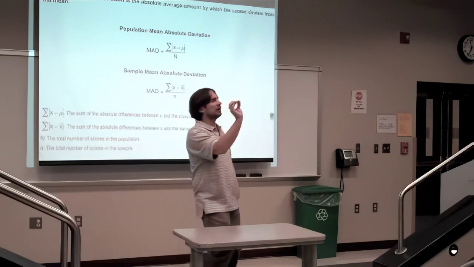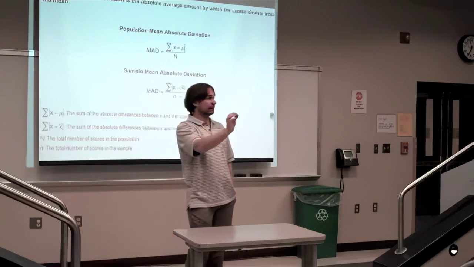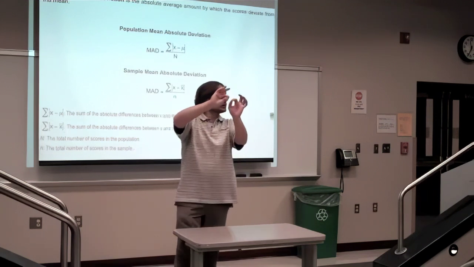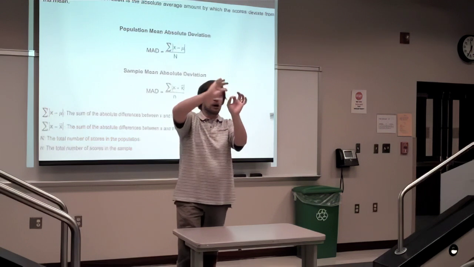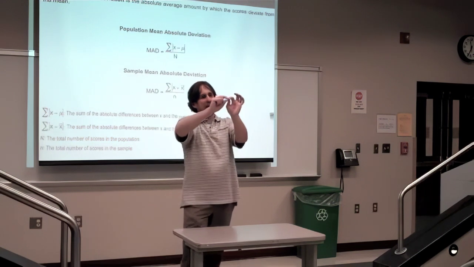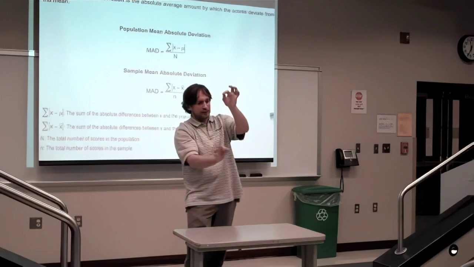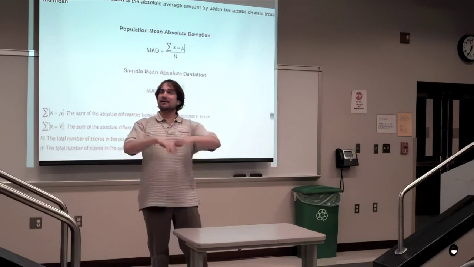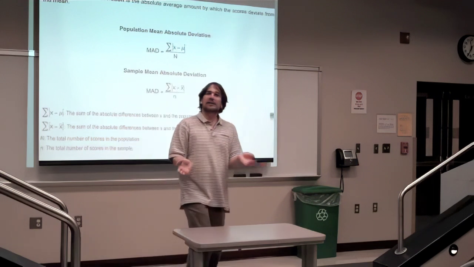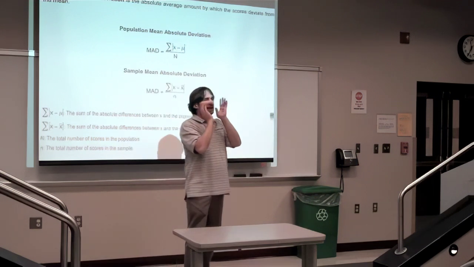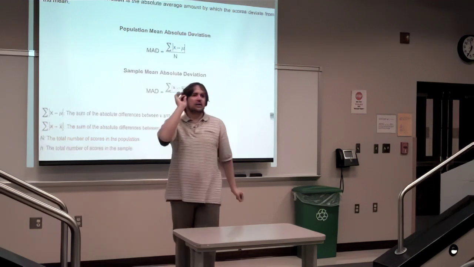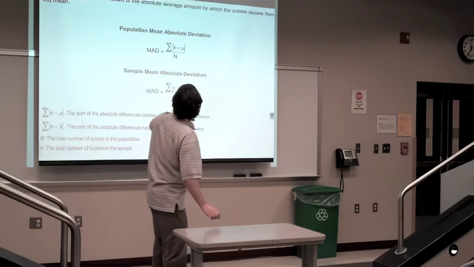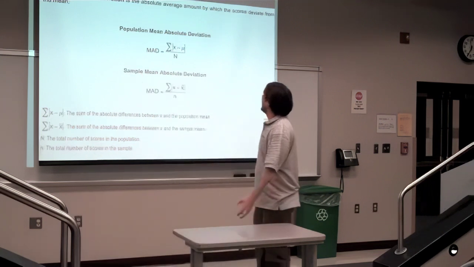If I assume the center of the bullseye was my mean, my average arrow, and I measured the distance from the center out to every arrow, so let's say this was 10 inches, this was 5 inches, this was 2 inches, this was 1 inch, this one was 5 inches, and added all those distances up, and then divided by the total number of distances, that would give me the average distance an arrow is going to be away from that bullseye. And that is what the mean absolute deviation, or MAD, will do for us.